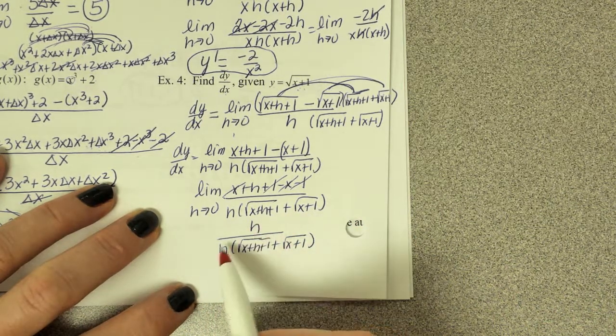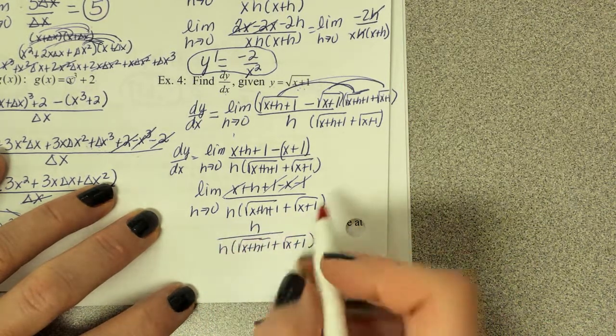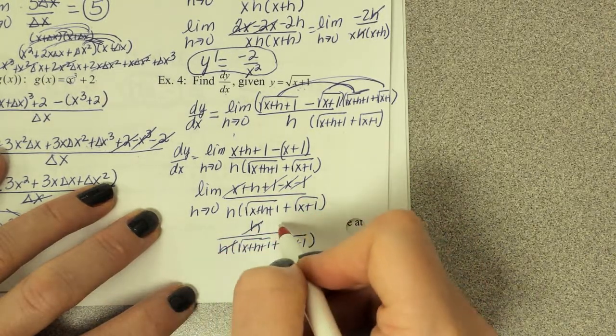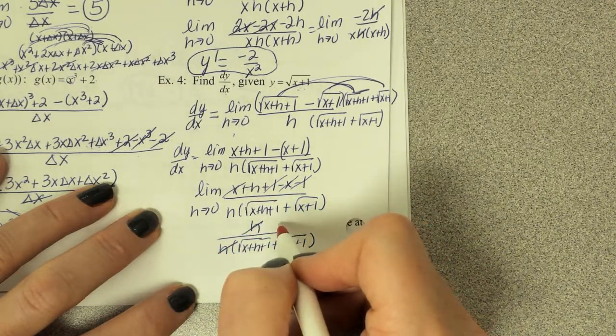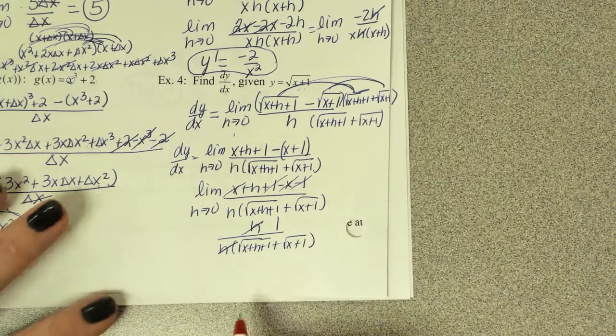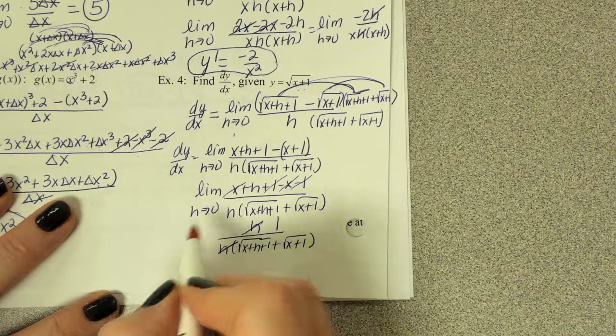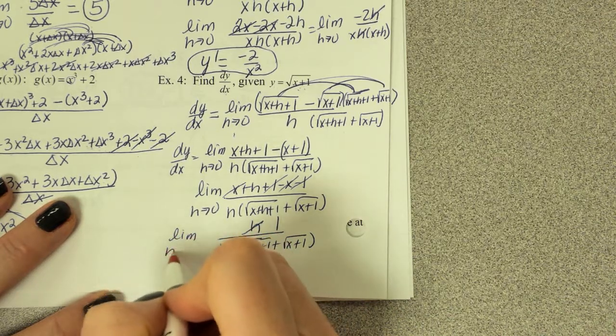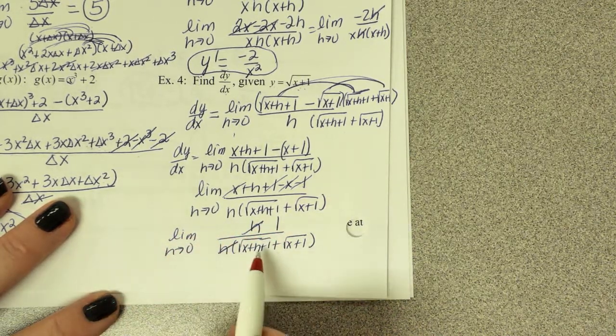Okay, so now I can cancel these h's. So now on the top, what do I have left on the top, everybody? Just 1, right? Because I canceled. And so now I can plug in my h equals 0 now. I've been wanting to do that, now we can do it.